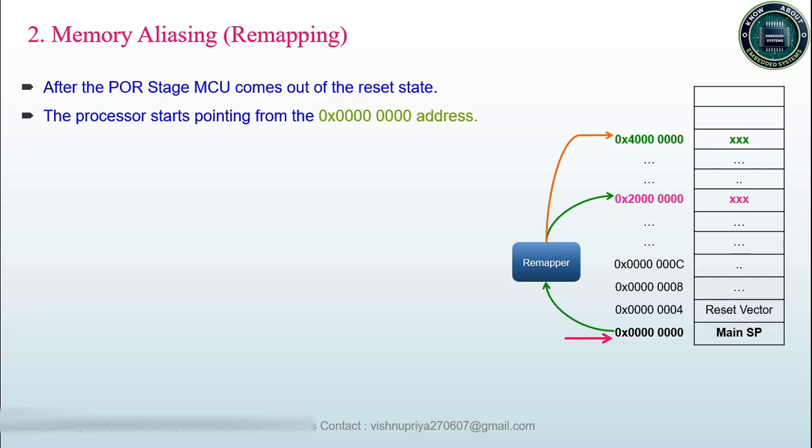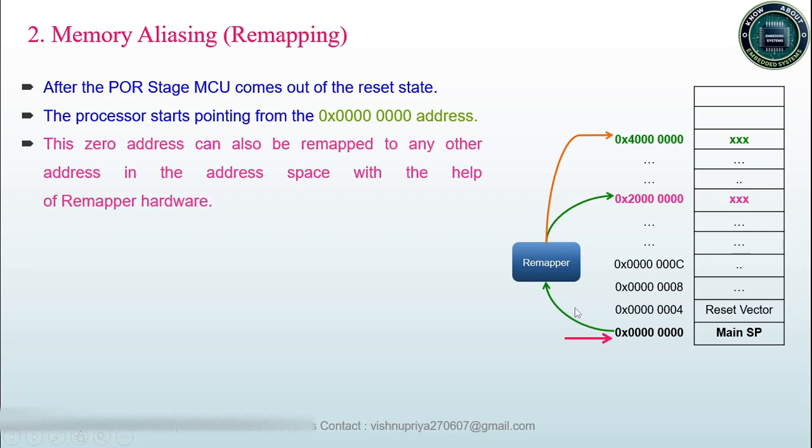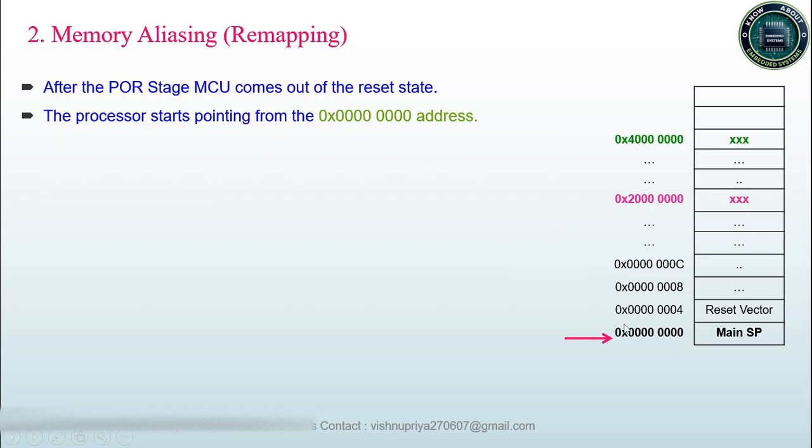But there is a provision. You can also start your booting process from any other memory location with the help of an address remapper or memory remapper. You can start from 0. This is the default address. If you are not changing the booting address, no problem. It will always start from 0x00 only. But in real time, sometimes we have to start booting from a different memory location.